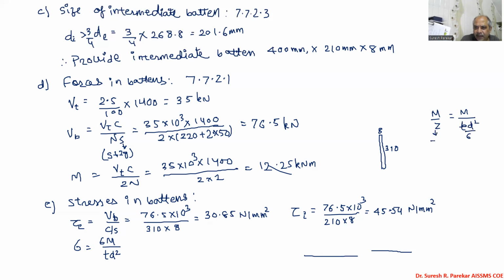This Z is I by y, and I we have T D cube by 12, and y is D by 2. From this we get T D square by 6. M we have 12.25 into 10 raised to 6, T is 8, D is 310 square. And we will get this value equal to 15.93 Newton per mm square.